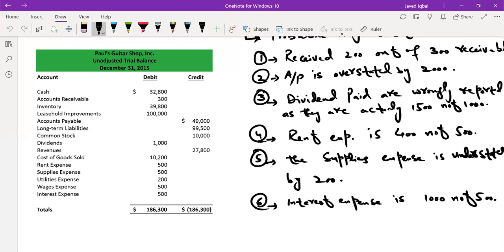If we have these transactions, we can make certain adjustments to these unadjusted balances. Finally, mute your mic.